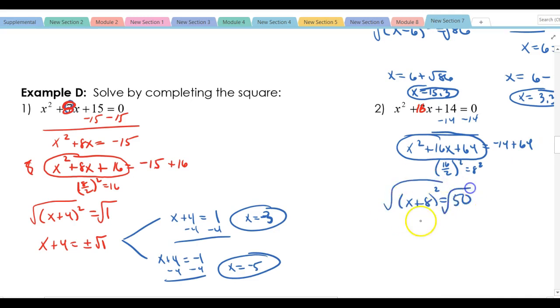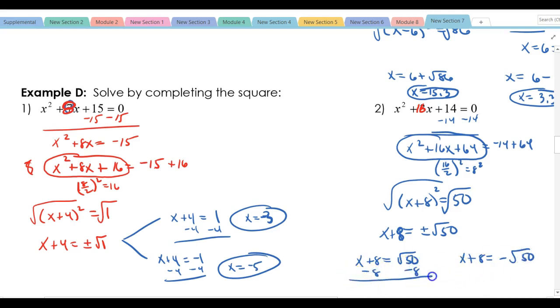Take the square root, x plus 8 equals plus or minus the square root of 50. And now we branch off into our two answers. x plus 8 equals the square root of 50. x plus 8 equals negative square root of 50. Subtract 8. Square root of 50 minus 8 is going to give you x equals negative 0.93.